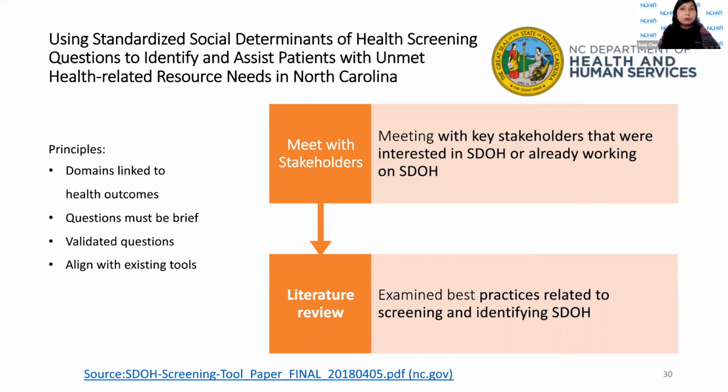The third is that the questions had to be validated. They had to draw from best practices, and they must be written at accessible reading levels. And then the fourth, to the greatest extent possible, the questions should align with existing screening tools like the Bright Futures questionnaire or the PRAPARE tool or the Accountable Health Communities tool. So their process was, over the summer, they met with key stakeholders that were interested in SDOH or were already working on SDOH, and they conducted a literature review and examined best practices related to screening and identifying SDOH.